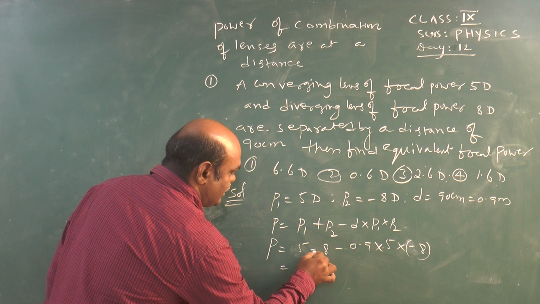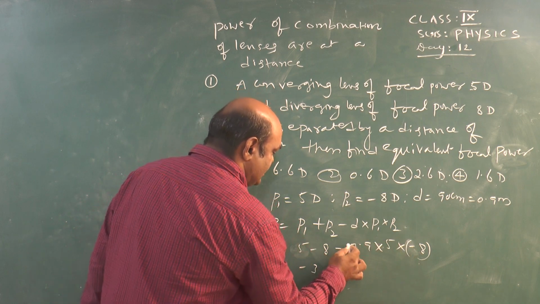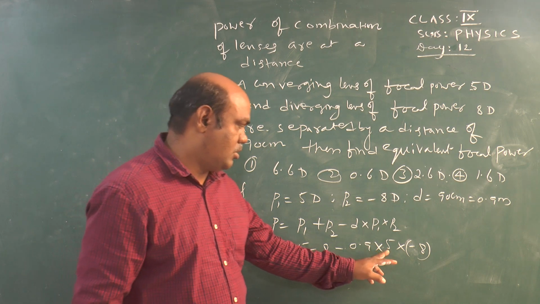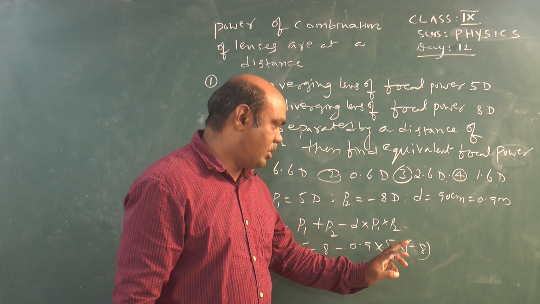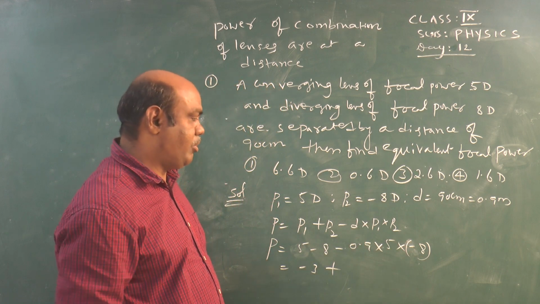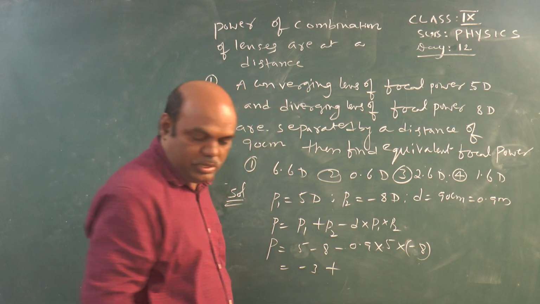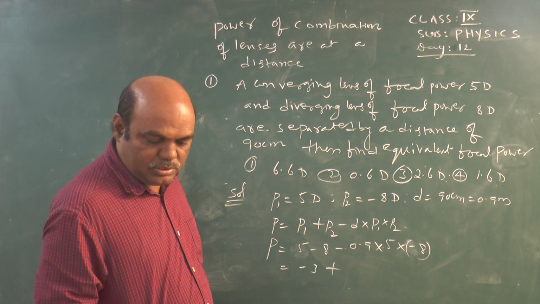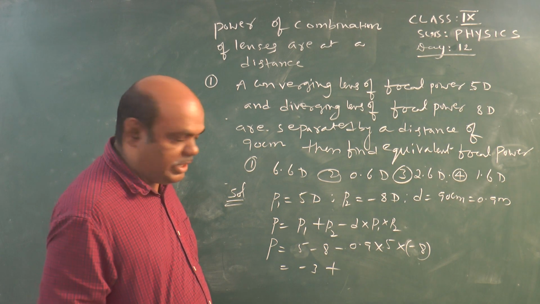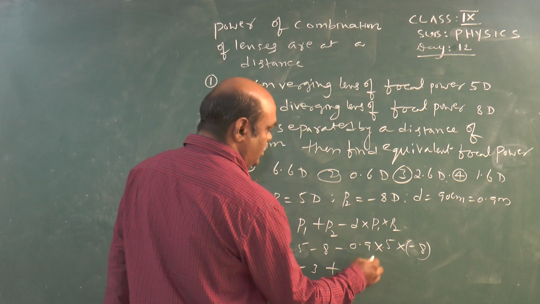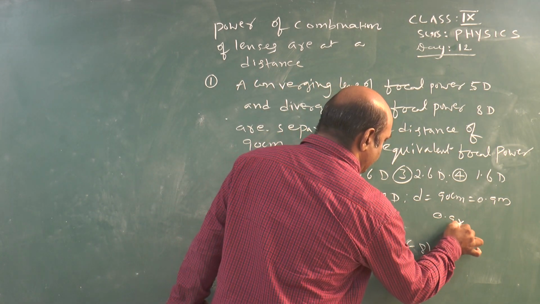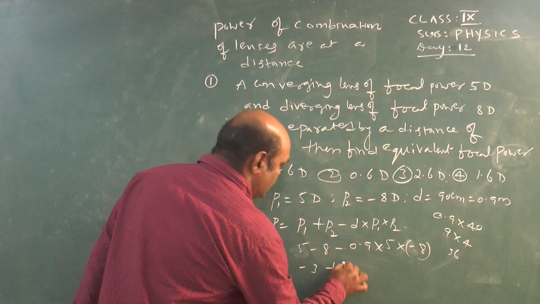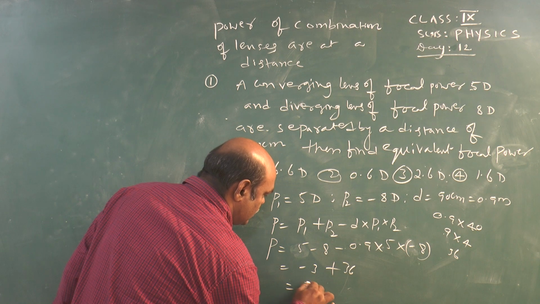So 5 minus 8 is minus 3, minus into minus is plus. 5 into 8 is 40, 40 into 0.9, so 9 into 4 is 36.